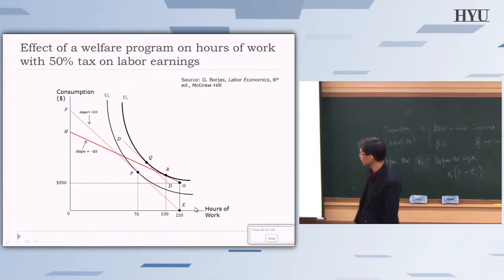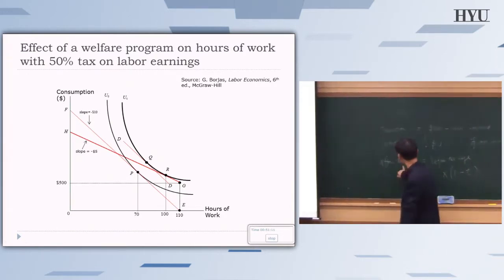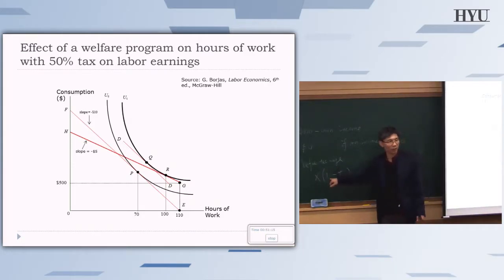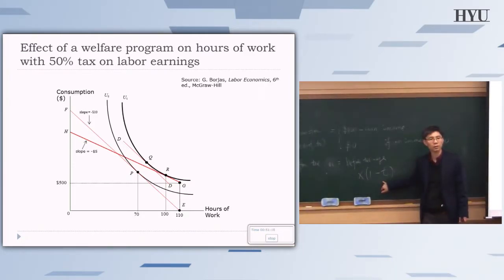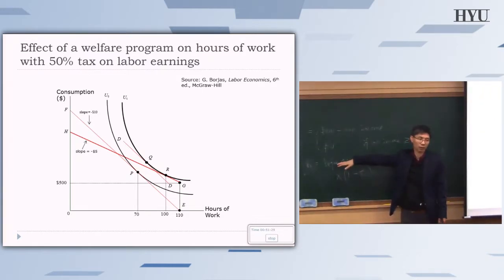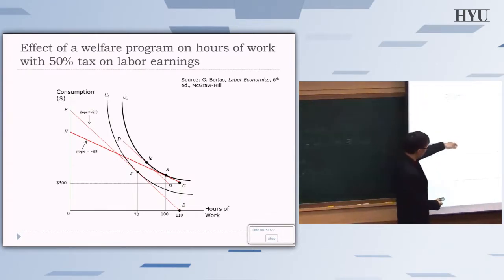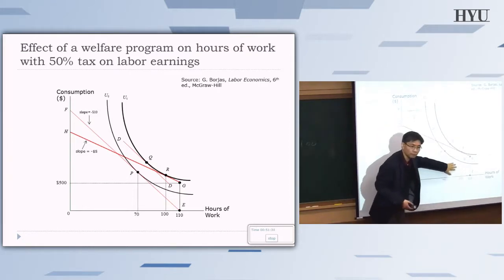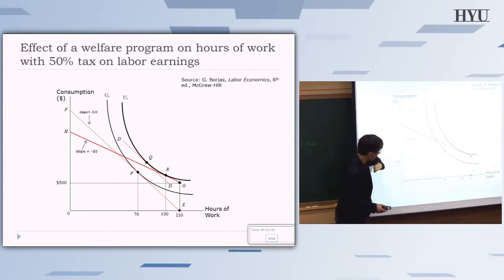So in that case, what happens to the after-tax wage rate? It's the before-tax wage rate times 0.5. So if the before-tax wage was $10 per hour, after tax it is $5 per hour. In the diagram, let's think of an individual whose wage rate was 10, and let's say 500.